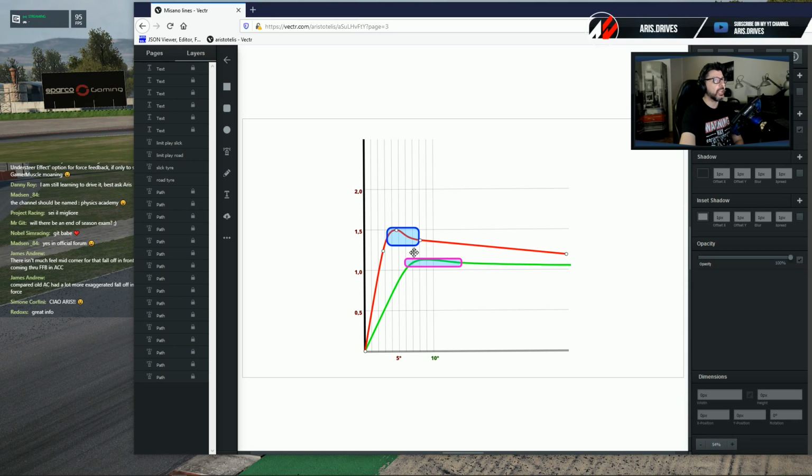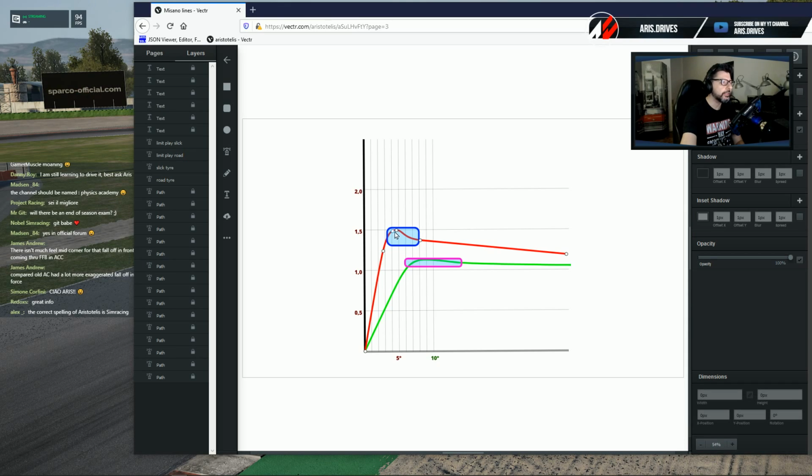In AC1, the limit was at around 7-8 degrees, so it was still wider. So in ACC, we know from Pirelli that the limit is at about 4 to 5 degrees. And the range to keep to the limit is much narrower. And not only that, if you go over the limit, the loss of grip is much higher.